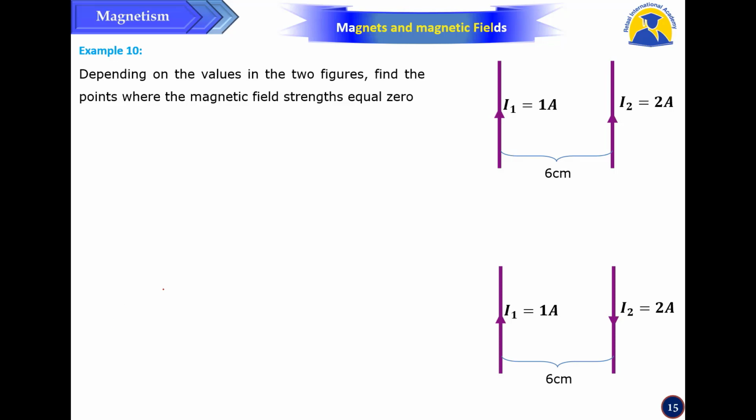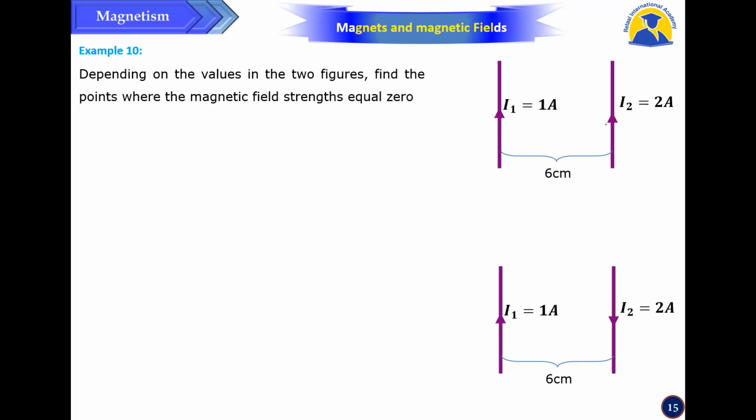Example 10. Depending on the values in the two figures, find the points where the magnetic field strength equals 0. Okay, we have two cases. The first case, the two currents are parallel in the same direction, while for the second case, the currents are in opposite directions.